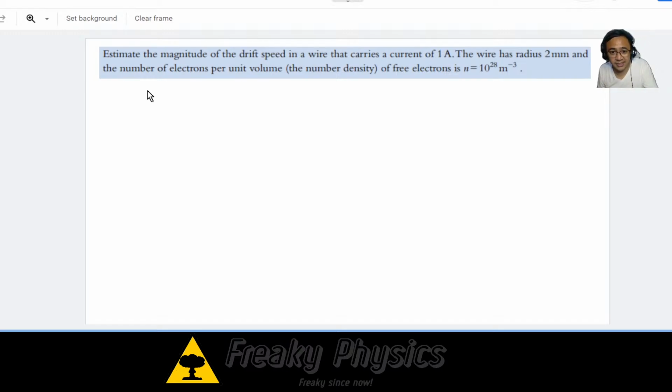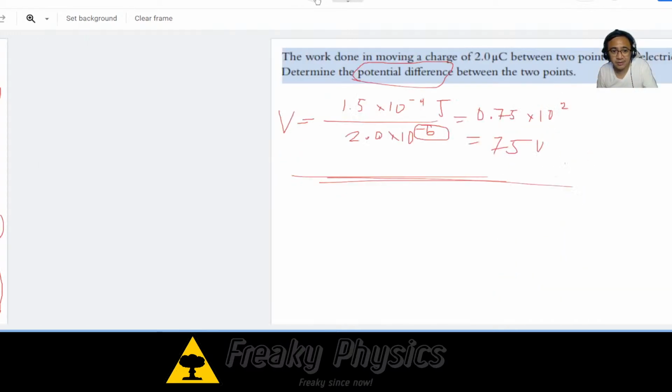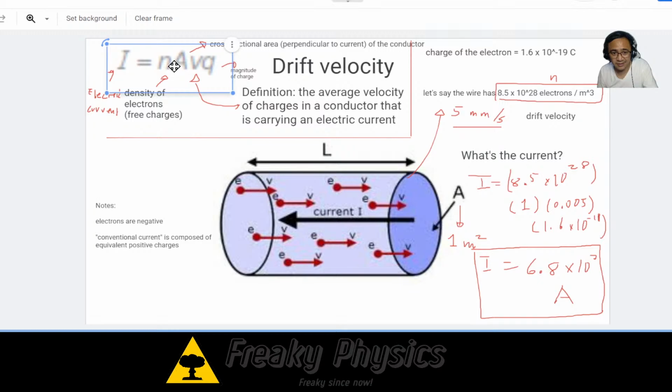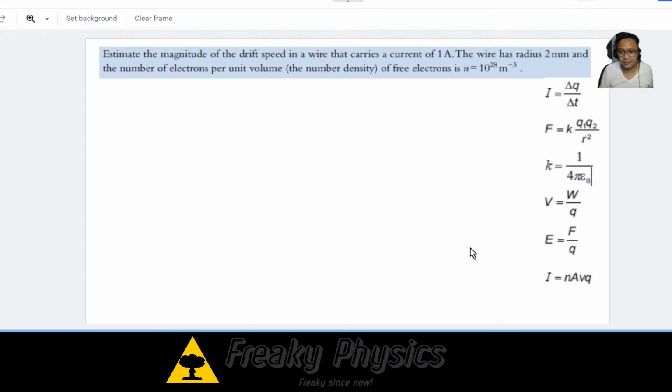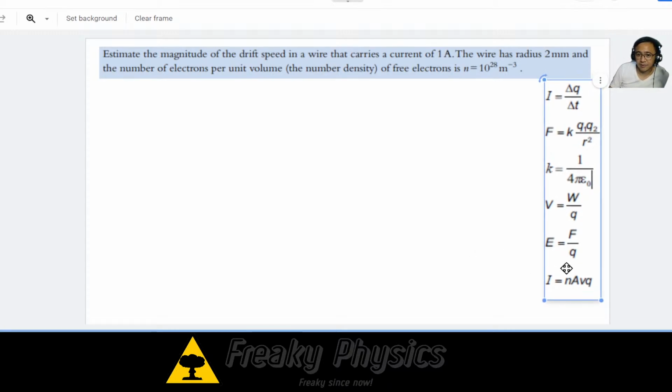Yes. What's the latest equation here? I equals nAvq. Yes, you use the drift velocity formula. Okay, what are you looking for? You're looking for the drift velocity, or the drift speed.